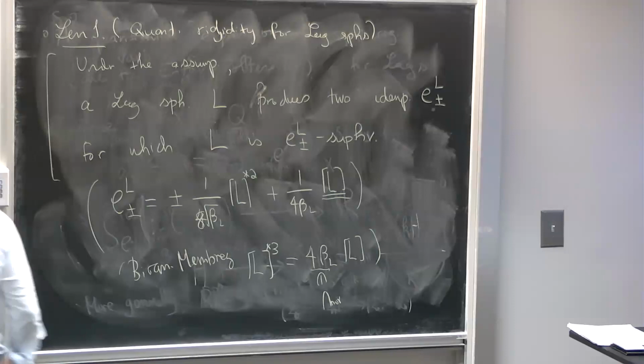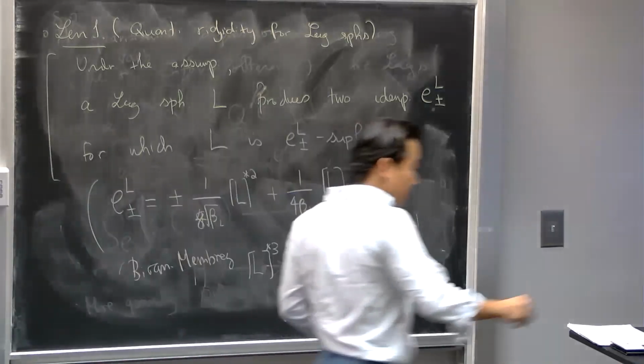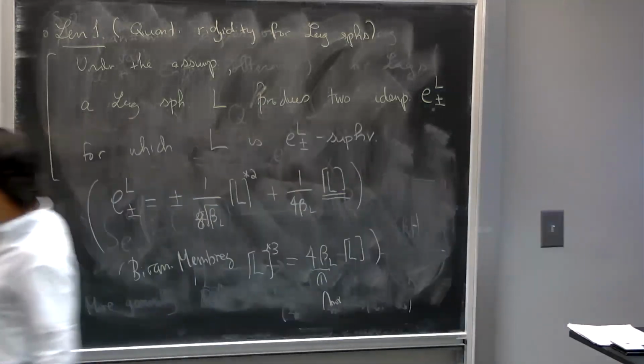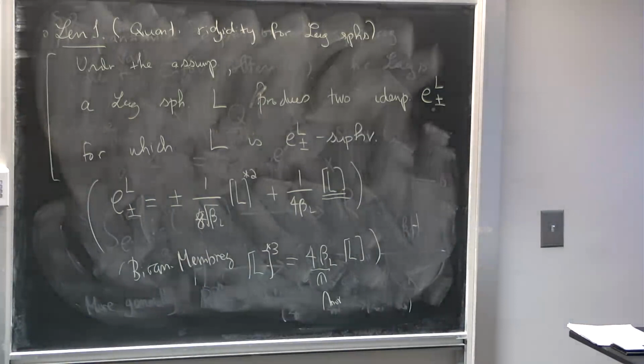So by lemma 1, each of these 4 spheres produce 2 special idempotents, and the sphere has to be superheavy with respect to those 2. Okay, so let's imagine it's like every sphere has 2 hands.